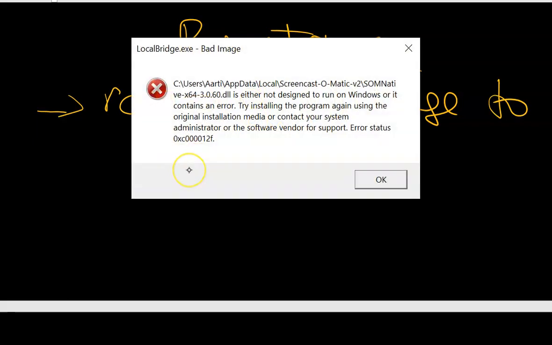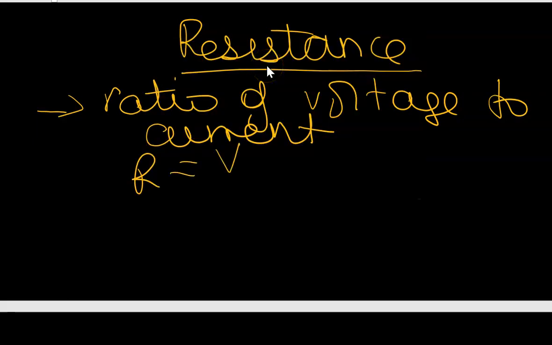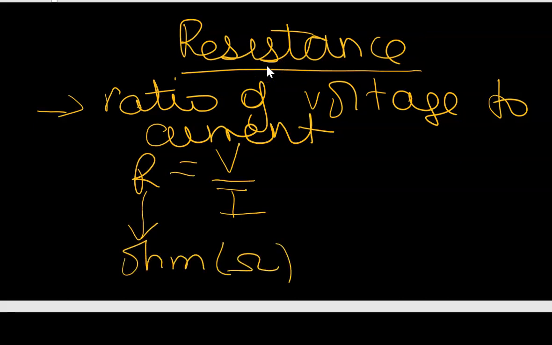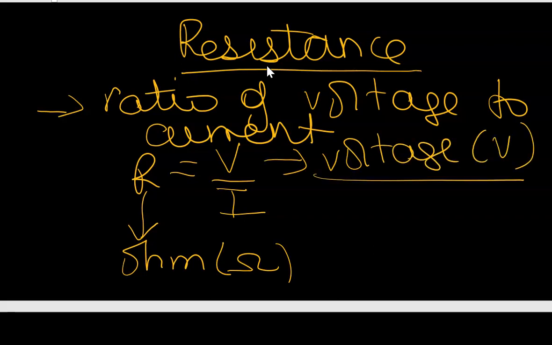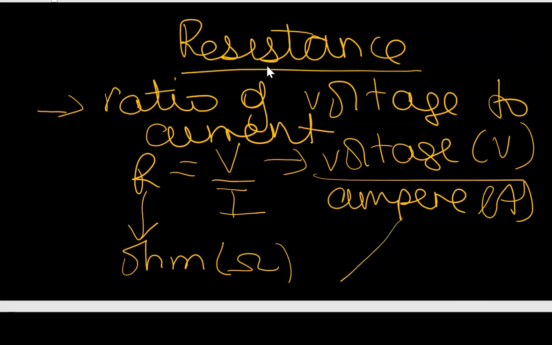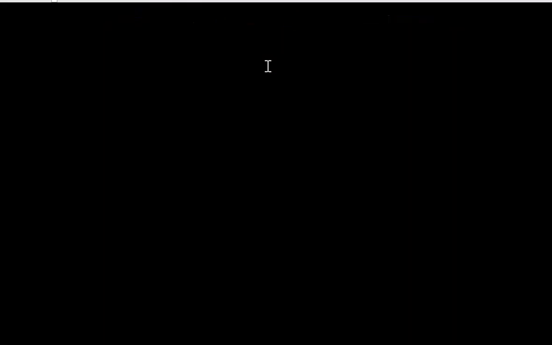So R is equal to V over I. Now the unit of resistance is the ohm, the unit of voltage is V, and the unit of current is amperes, or A. So again, I like to show my pyramid where you have V over I is equal to R. And from this, you are able to say that V is equal to I R.